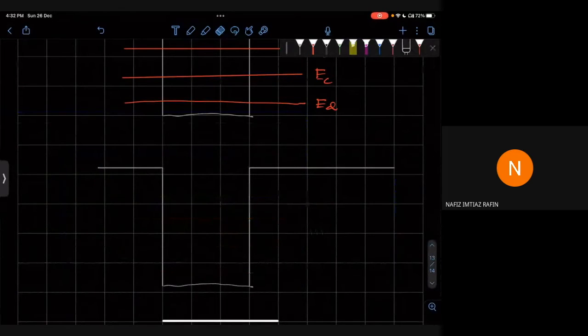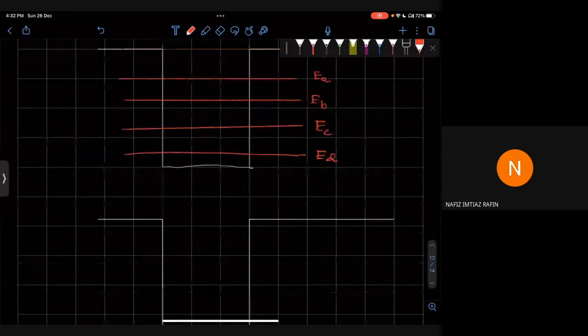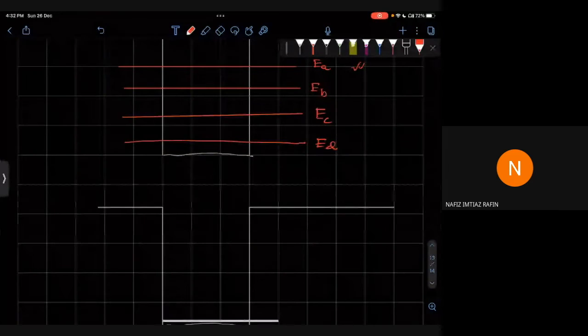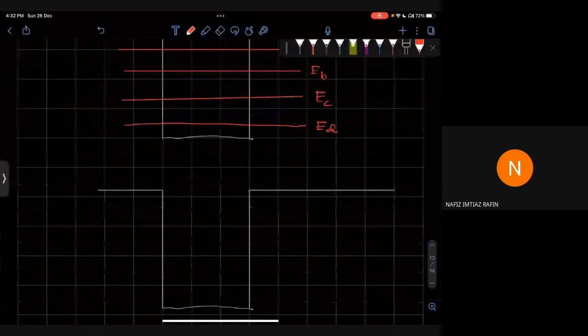So psi A is going to be, because the energy is pretty high, the curvature of the wave function will be pretty high.